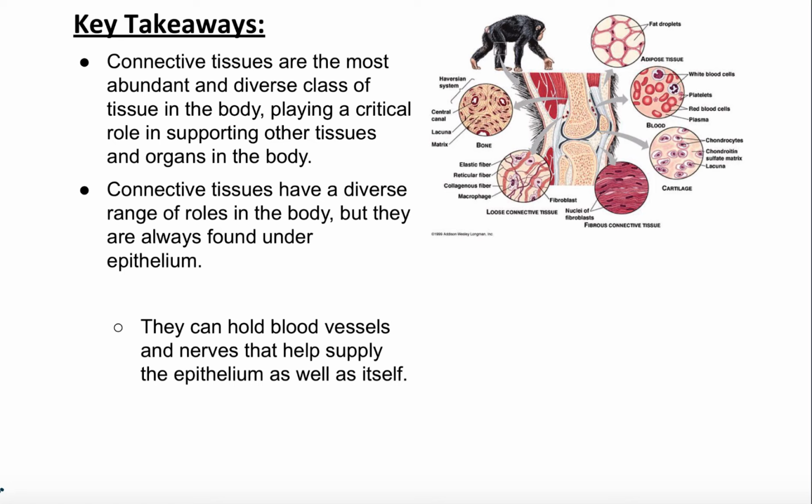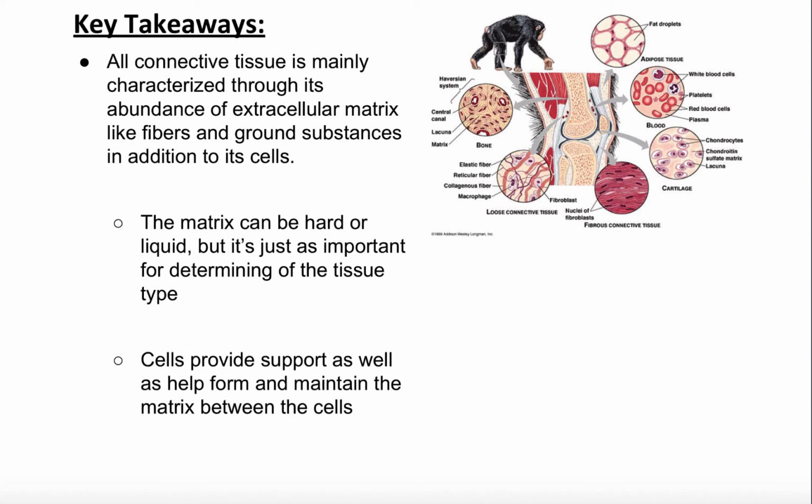In addition, unlike epithelial tissue, most connective tissue has more space in it, which allows it to hold blood vessels and nerves as needed. The main anatomical feature that makes it connective tissue is the abundance of an extracellular matrix that is just as important as the cells found in this tissue type.